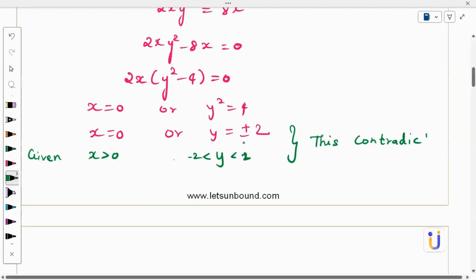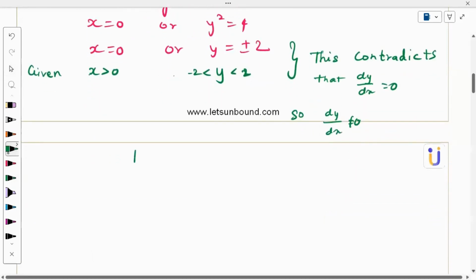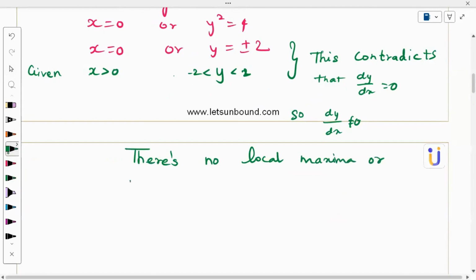So dy by dx is not equal to 0. If dy by dx is not equal to 0 anywhere, it means there is no local maximum or local minimum. Hence, we proved it.